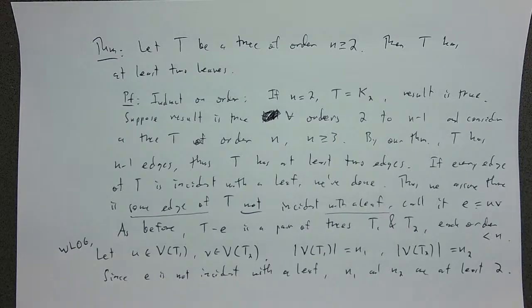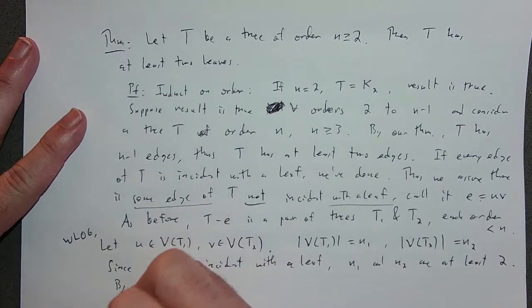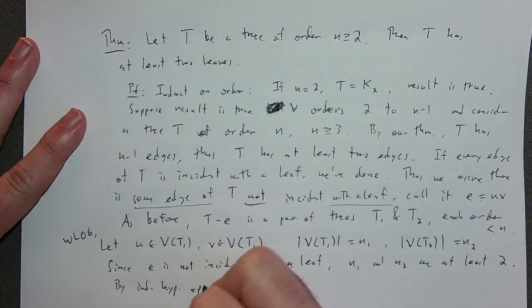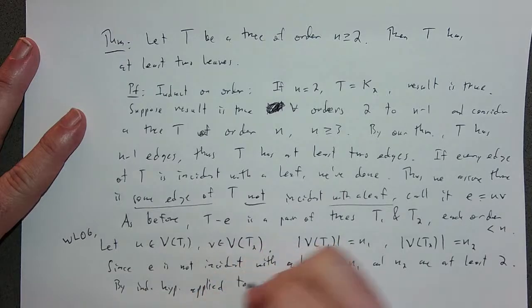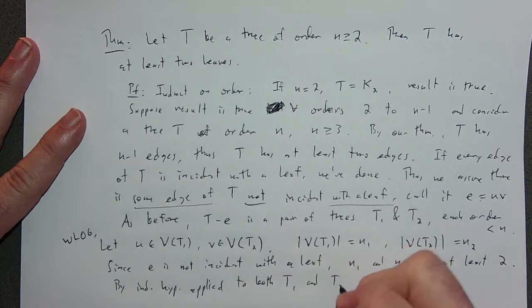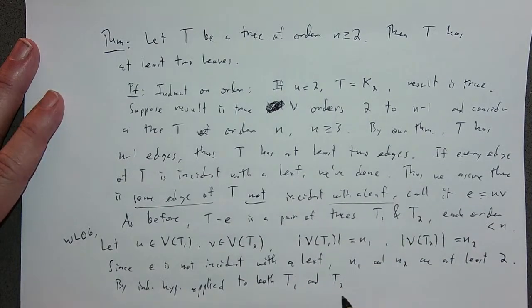So that's no good. So both of these are at least 2. And so the induction hypothesis applies to each of T1 and T2. And so by the inductive hypothesis applied to both T1 and T2, each of T1 and T2 has at least 2 leaves.